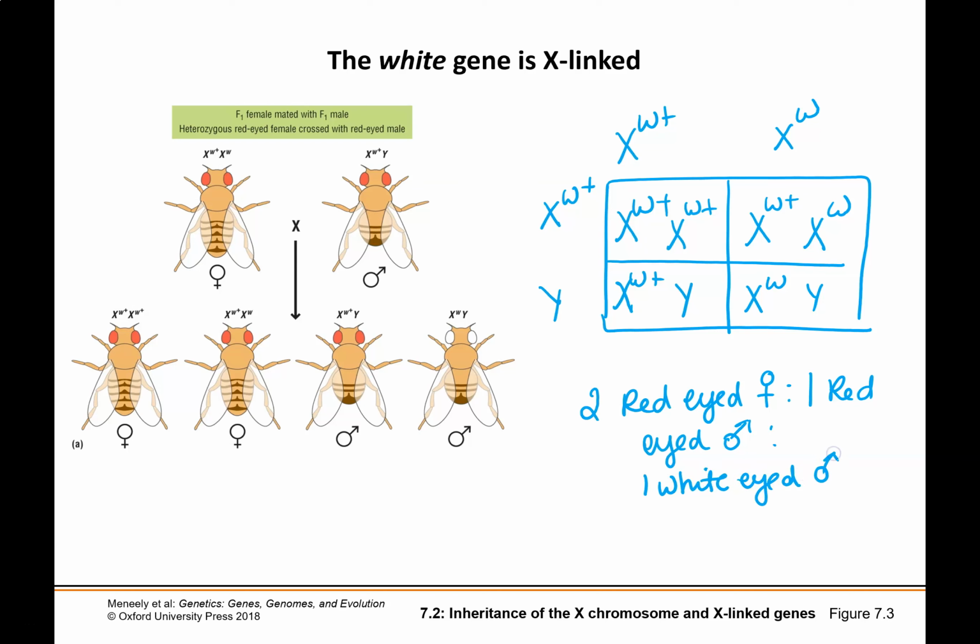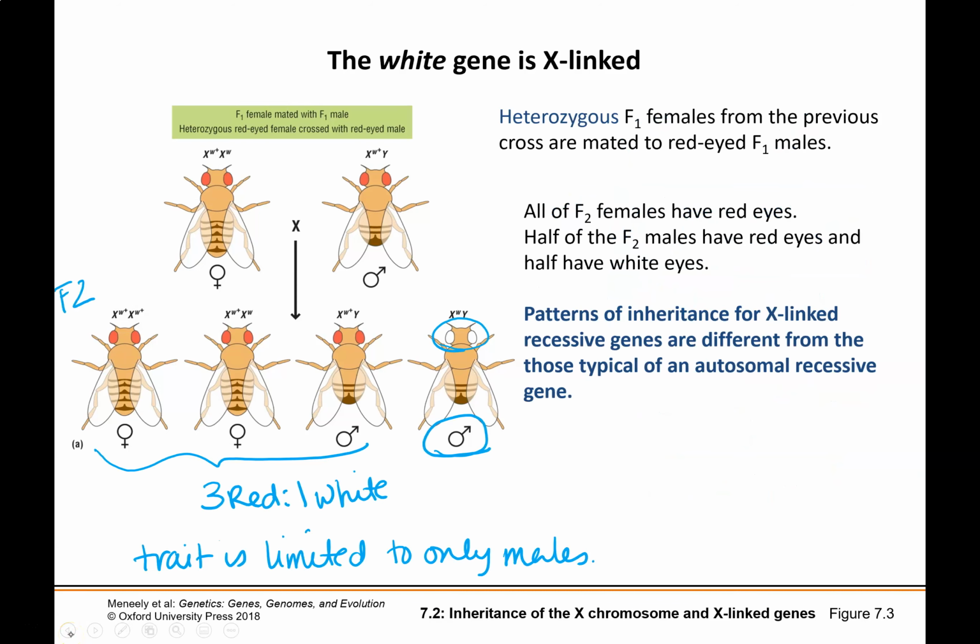Very often students don't distinguish between the fact that these are found in different ratios in the sexes. So let's go back here. One thing that you'll notice on here is that the pattern of inheritance in the males is going to be different than the pattern of inheritance in the females.